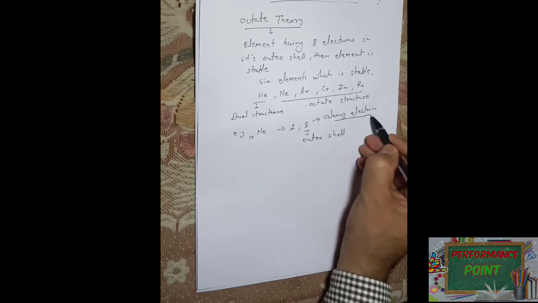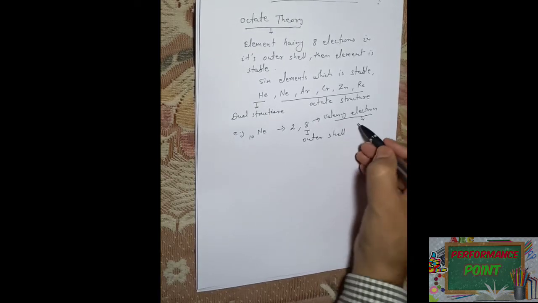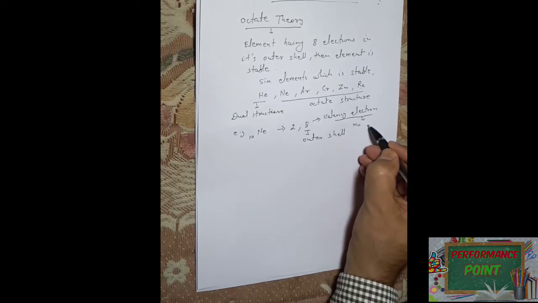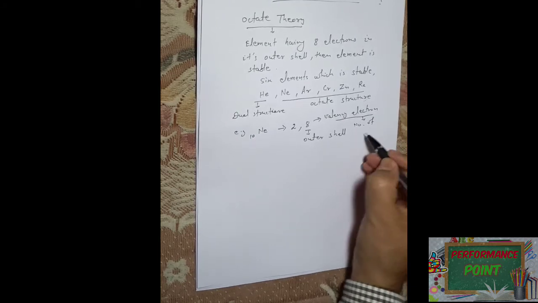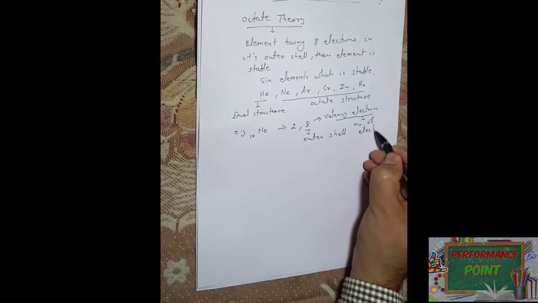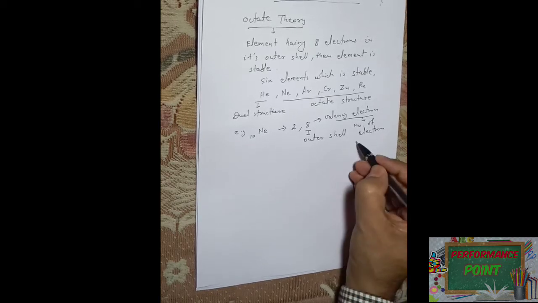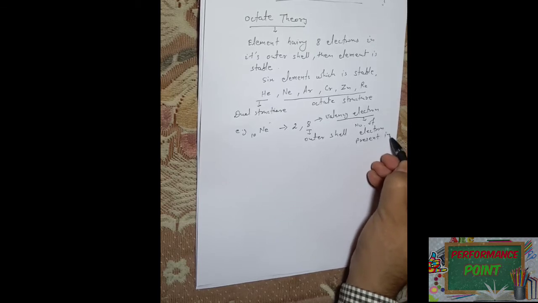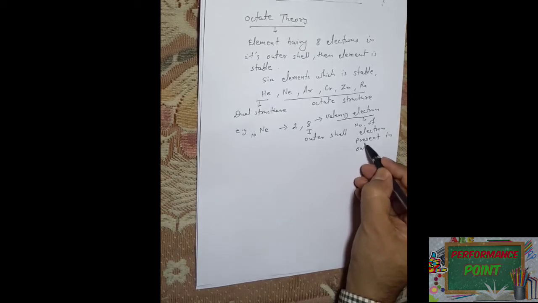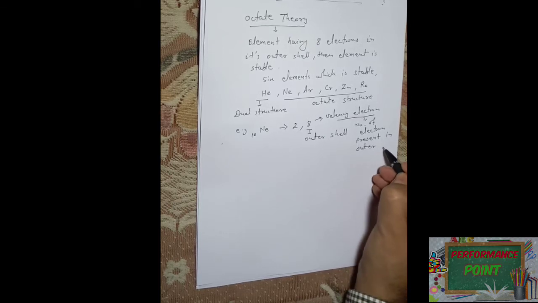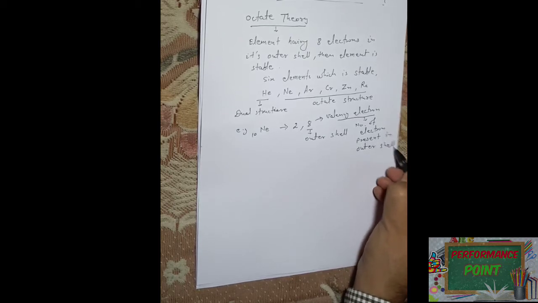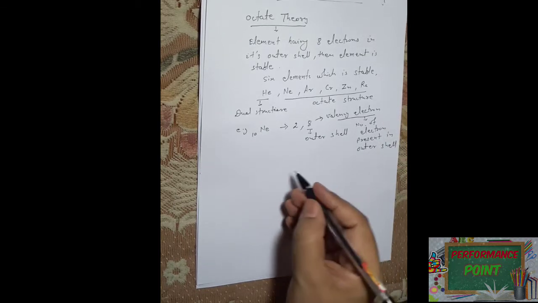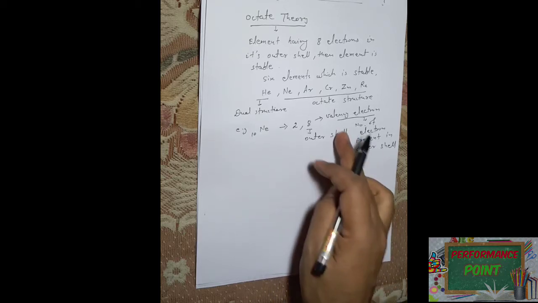Okay, what is valence electron? This is the number of electrons present in the outer shell. And the valency is different.